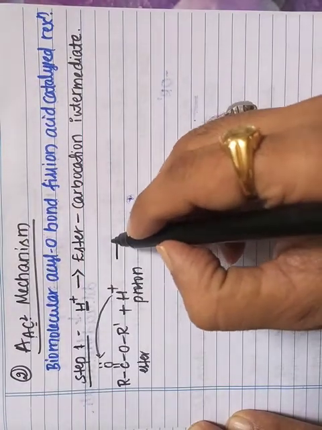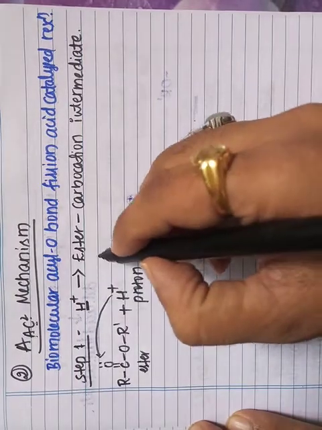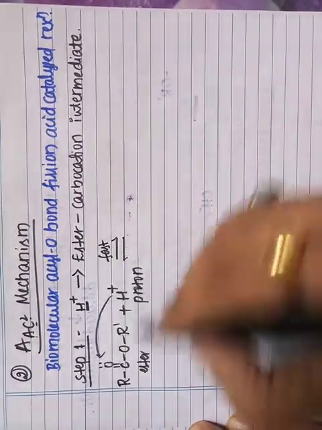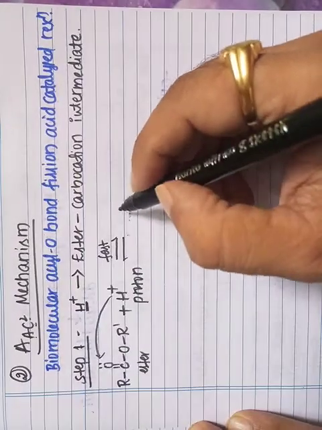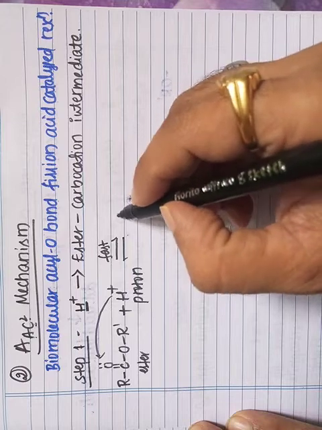This reaction is fast. When the proton attacks the ester, it results in the formation of a carbocation intermediate.